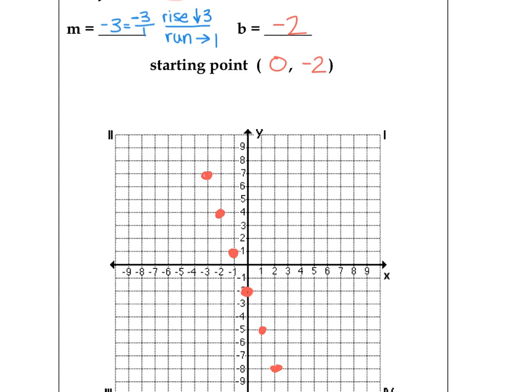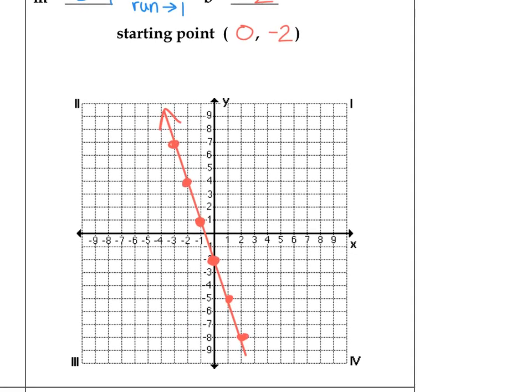And then I'm going to create my line using a straight edge. And lastly, label your line. y equals -3x minus 2.